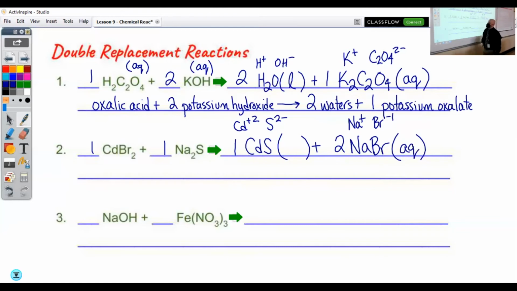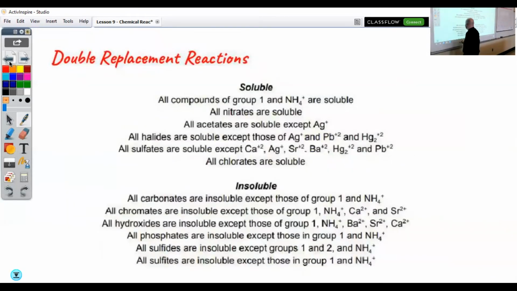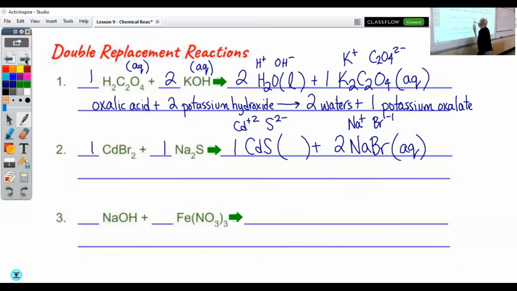Halides are also aqueous. For the cadmium sulfide, we have to go back and check our rules. So if we look, there is a rule down here for sulfides. All sulfides are insoluble except group 1 and 2, that's not cadmium, and NH4, that's not cadmium. So in our case, we're going to have cadmium sulfide as a solid.